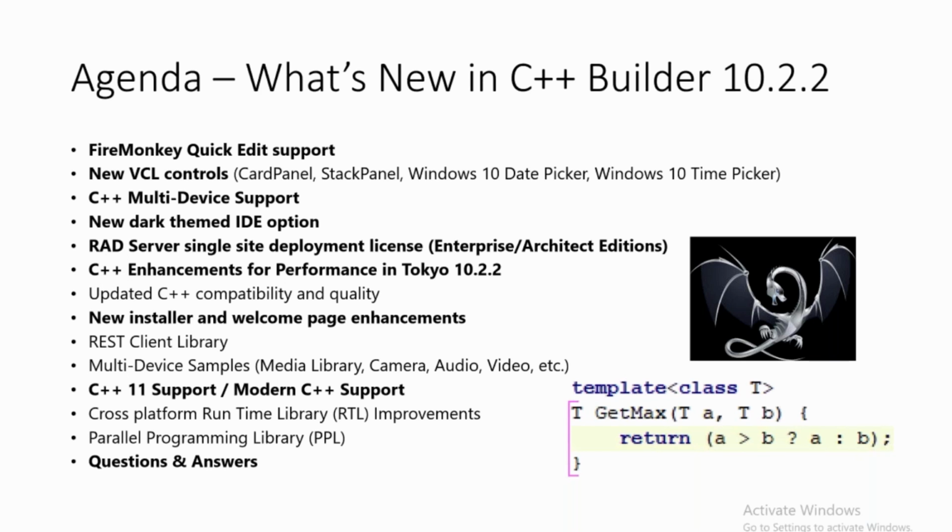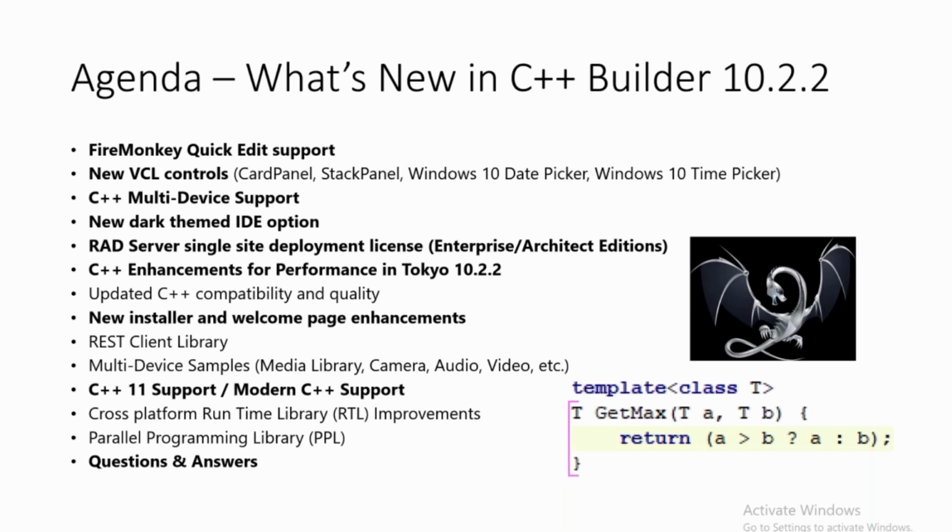The RadServer single site with multi-tenancy support deployment license is now included in the Enterprise and the Architect editions of C++ Builder 10.2.2. We'll look at some new C++ enhancements for performance in this current Tokyo 10.2.2, and we'll compare the performance of the Borland Classic compiler with the new enhanced-Clang compiler.